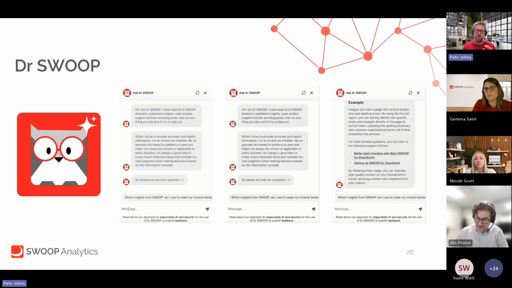management. So you imagine that you roll out SWOOP to your content editors, content owners, your site owners across the organization, and you say, there you go, you can use SWOOP to see your data. Now they might be sat there going, how do I do this?